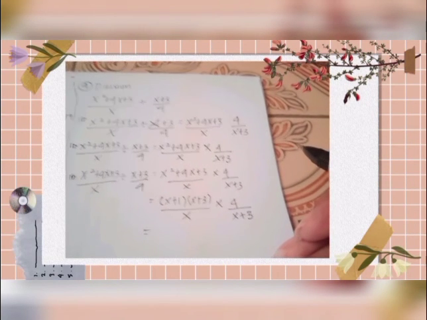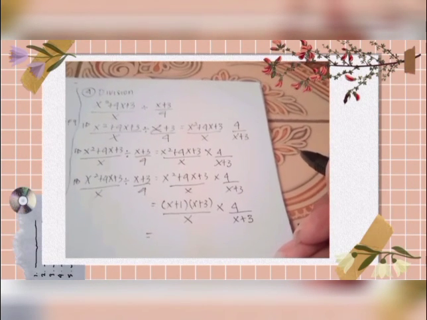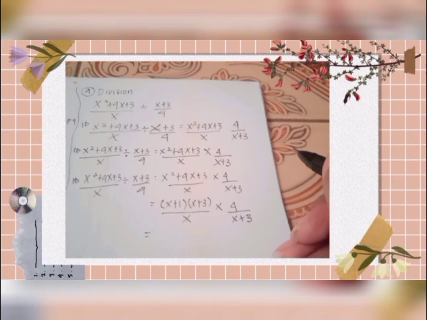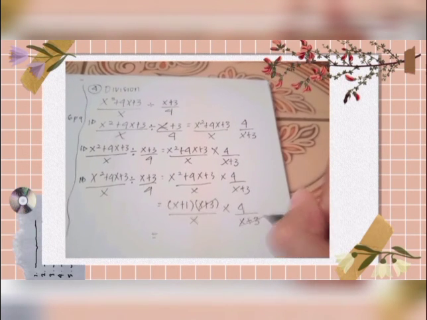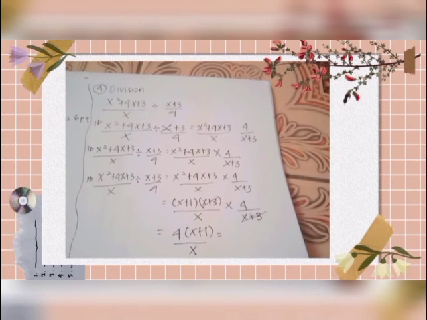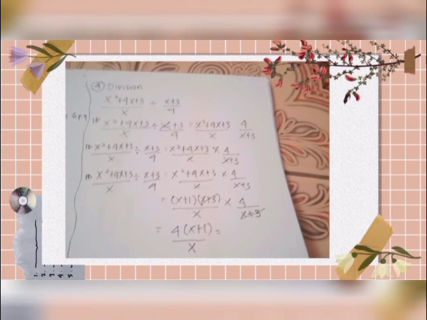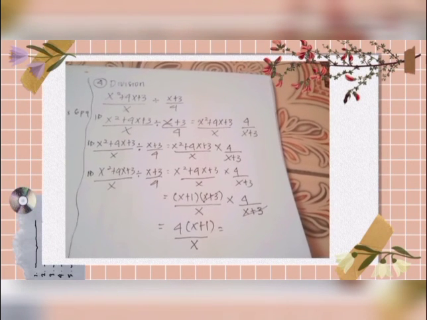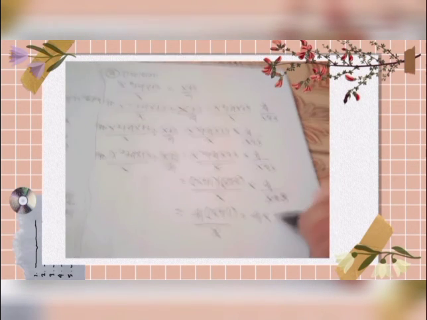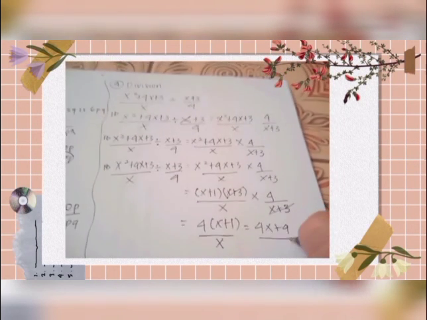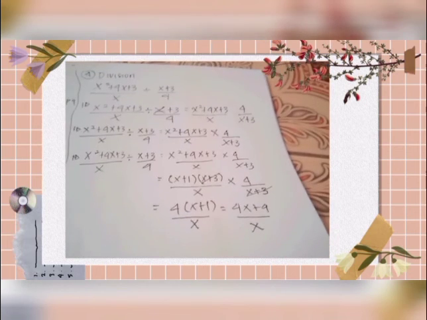Then the same factor in the fractions can be eliminated, that is x plus 3. Finally, 4 times x plus 1 over x equals 4x plus 4 over x.